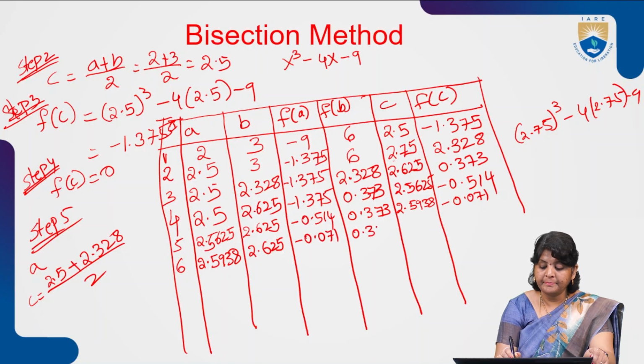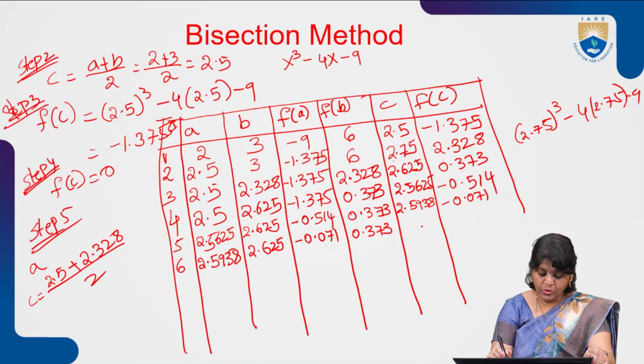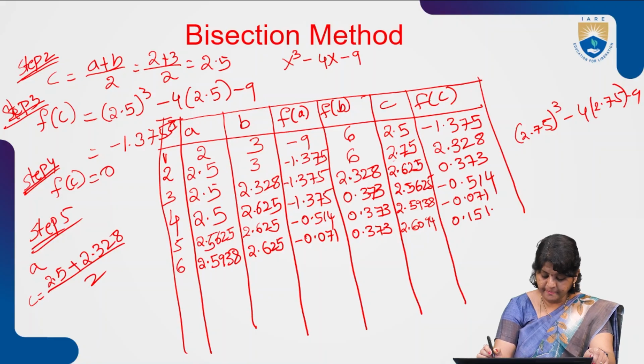B value same. And now for the sixth iteration, the C value is 2.6094 and the value is positive, 0.151.